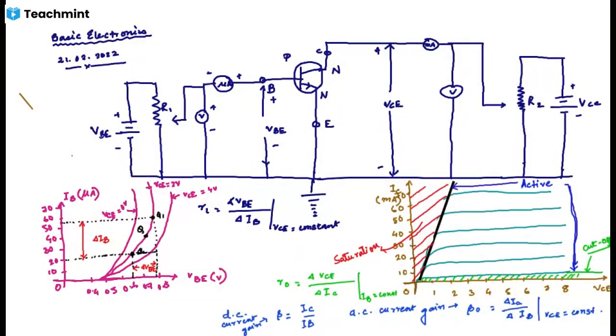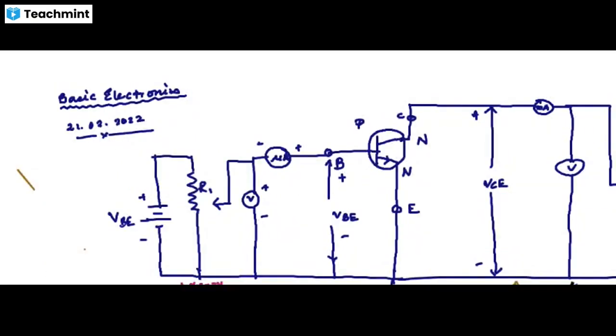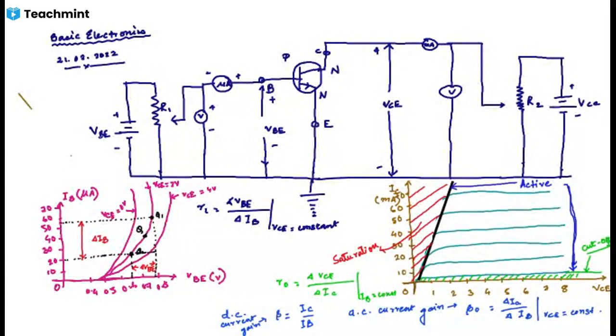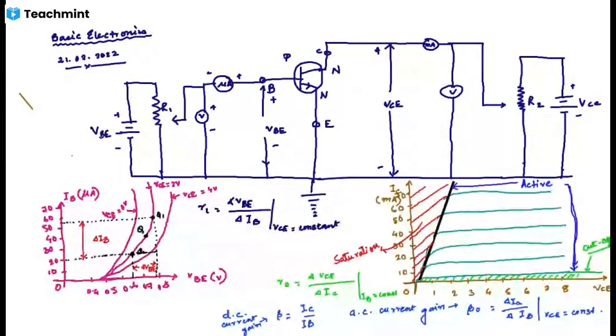Common base is done, common emitter is done, and now we will go for common collector configuration. Everybody, do you understand common emitter and common base? Yes, sir.